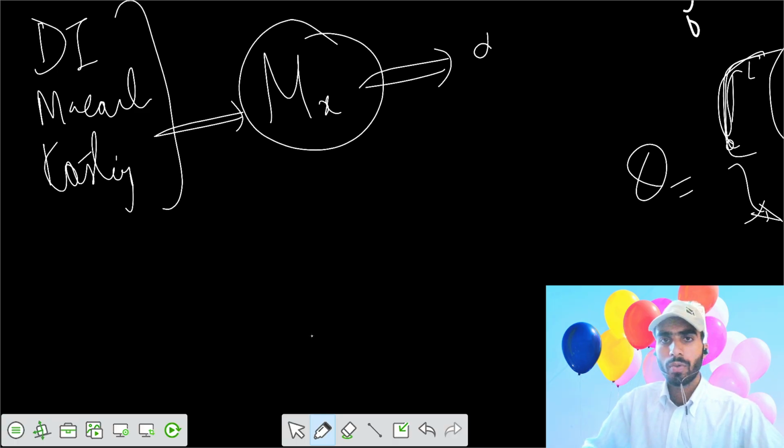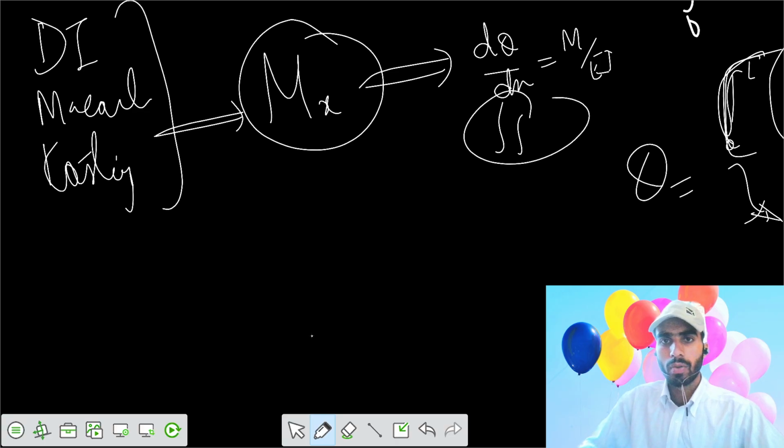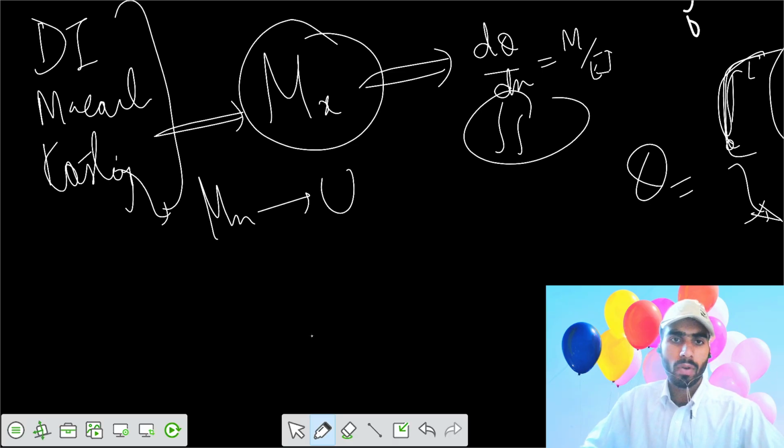In the first two methods, you take a strip at any x, then you substitute Mx in the equation d theta by dx equals M by EI, then integrate it twice and solve. In Castigliano's, you solve Mx and use it in the strain energy, thereby you get delta and theta.